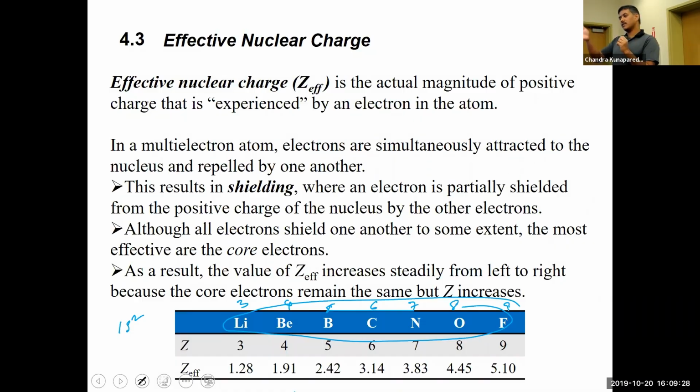even with the increased number of protons, for example for fluorine compared to lithium, lithium with its 3 protons is only shielded by one shell for its outside electron. However, fluorine with its 9 protons in the nucleus is still only shielded by just one shell.